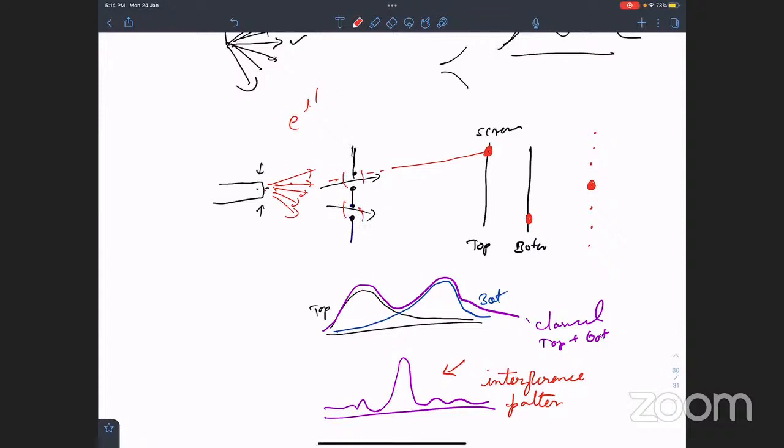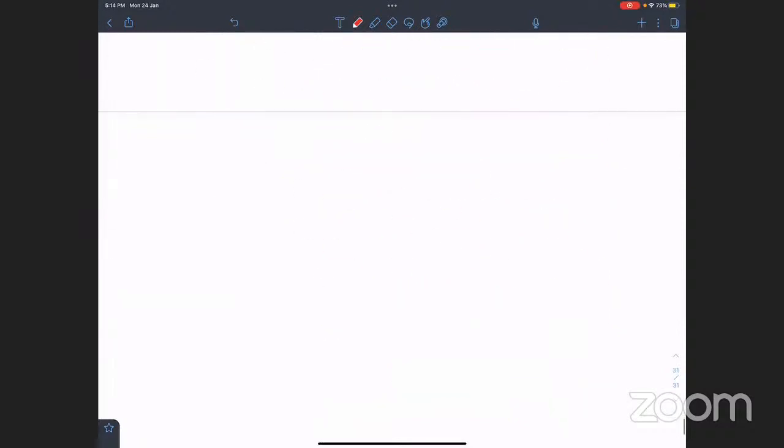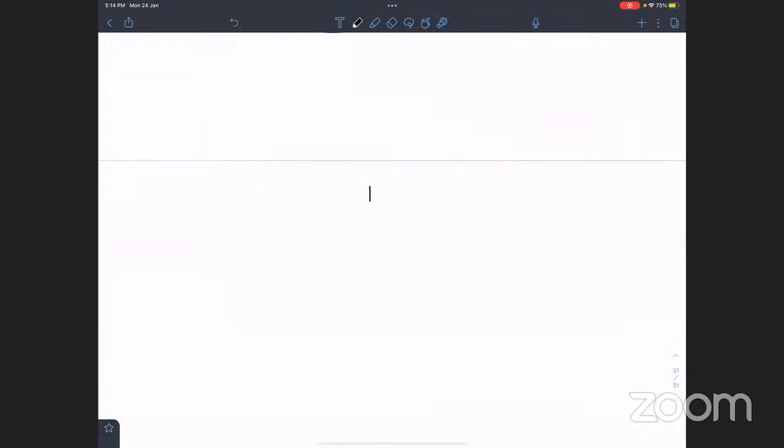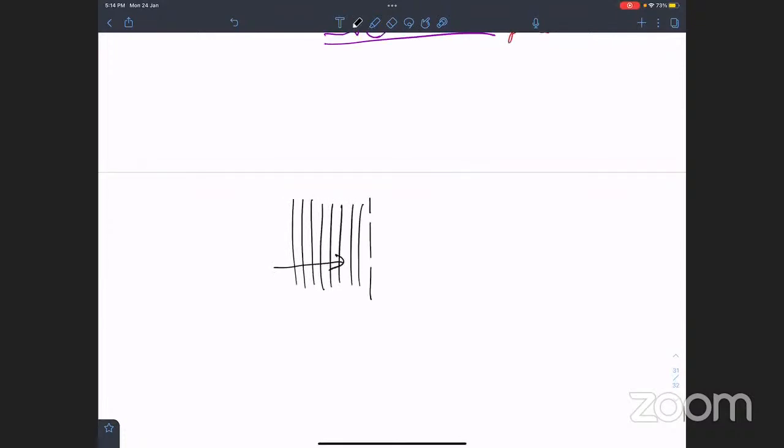And so mathematically, how do we think about this? If there is a screen here, the electron from the electron gun, we can imagine that a plane wave is going like this. This is the plane electron wave. It has a wavelength, it has frequency, everything.